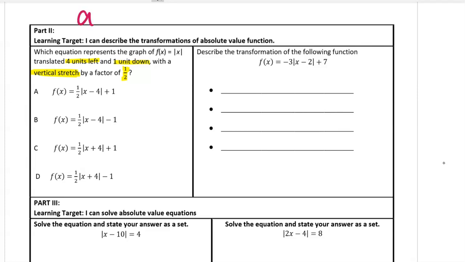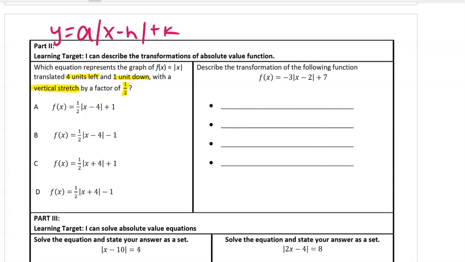In our standard form, which letter represents left and right? H. If it says x minus h, we're shifting to the right. If it says x plus h, we're shifting to the left.